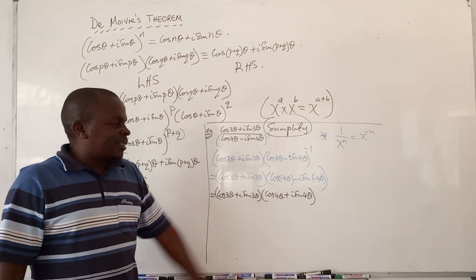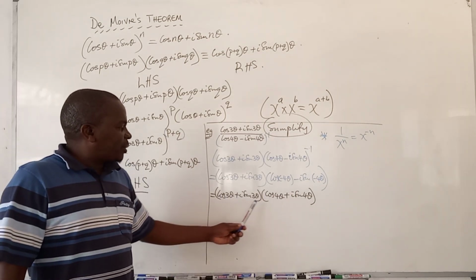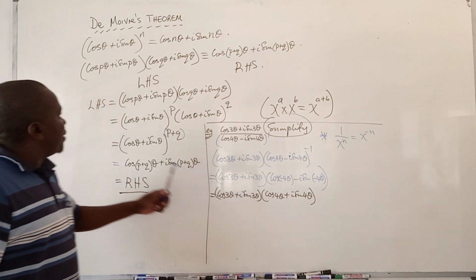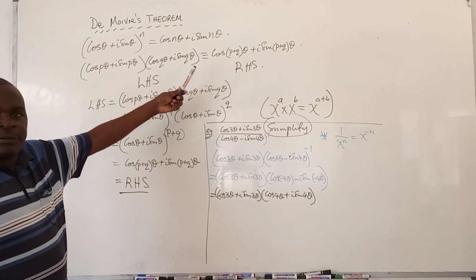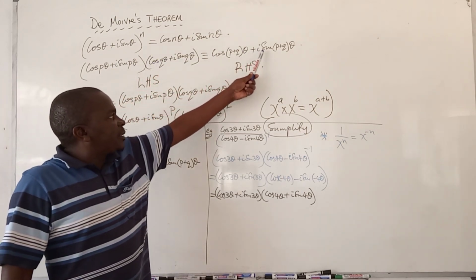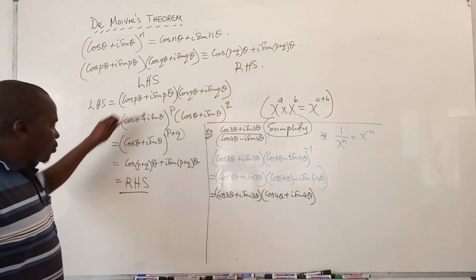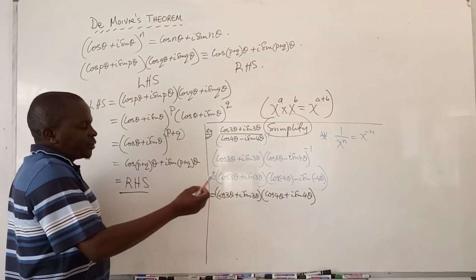This is a very interesting stage now. If you look at this product here, it is similar to what we proved earlier on. This product here is the same as that right hand side. I think we went through the proof. So what are the coefficients of the two brackets?